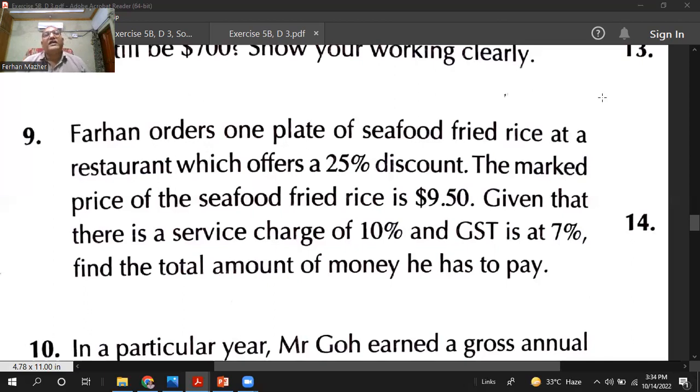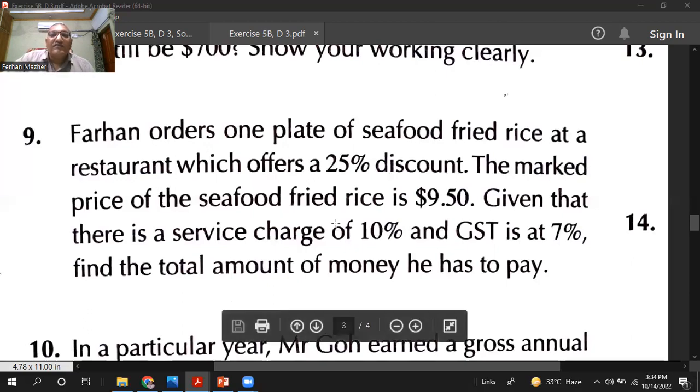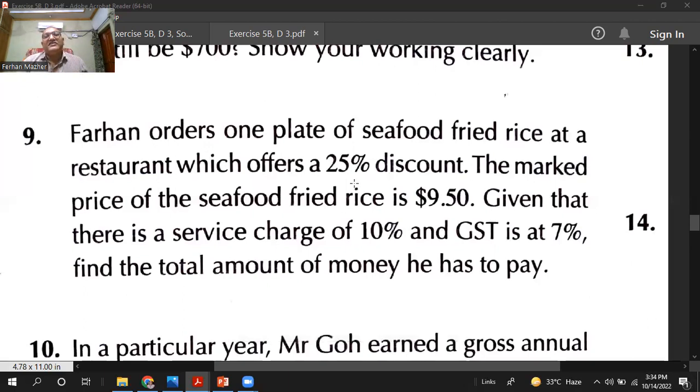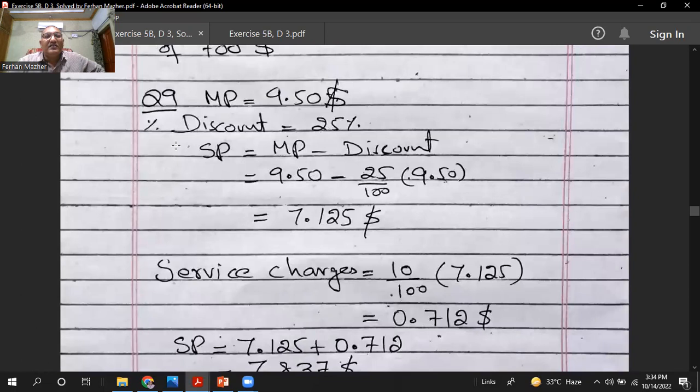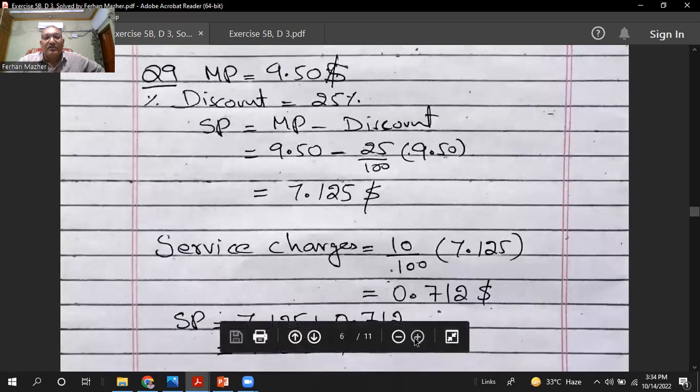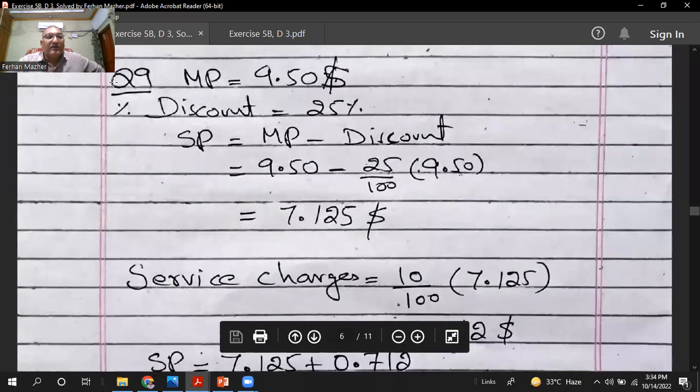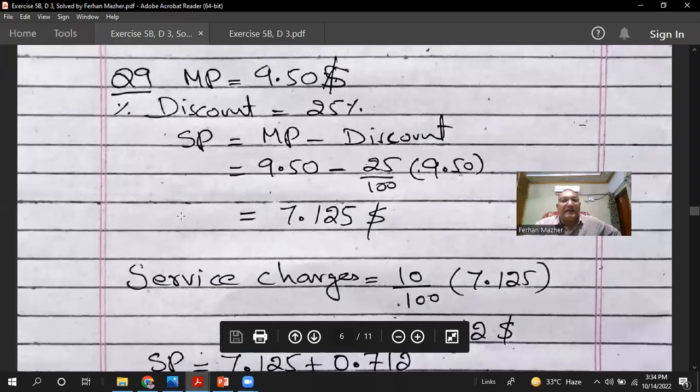So first of all, I will find out the price after the discount. Then we will add 10% service charges to it. And then we will add GST at a rate of 7%. So let me show you how this is done. We are talking about a restaurant. So here we have question number 9.